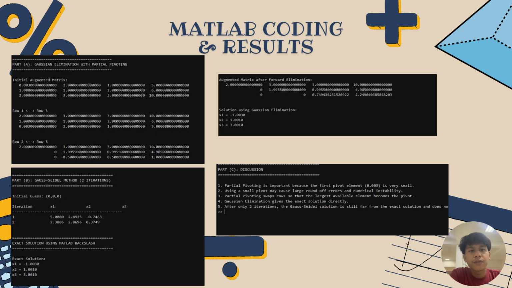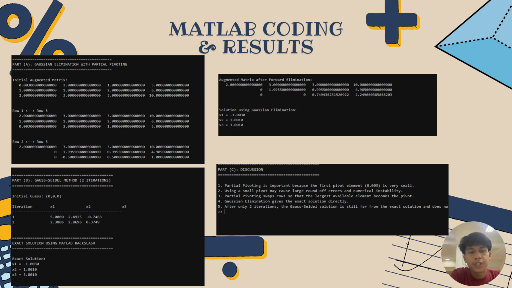To prevent massive round-off errors and numerical instability, MATLAB automatically implements partial pivoting, swapping row 1 and row 3 to place the maximum absolute value 2.0 as the pivot. After a second row swap during forward elimination, we obtain a stable upper triangular matrix.